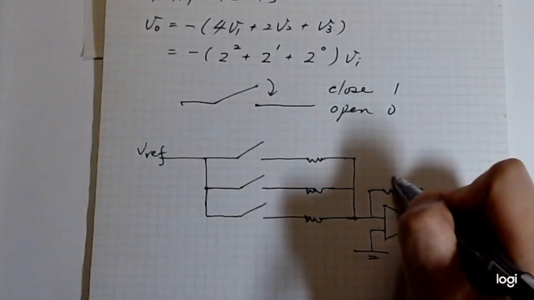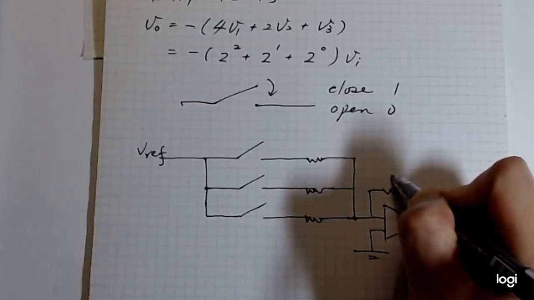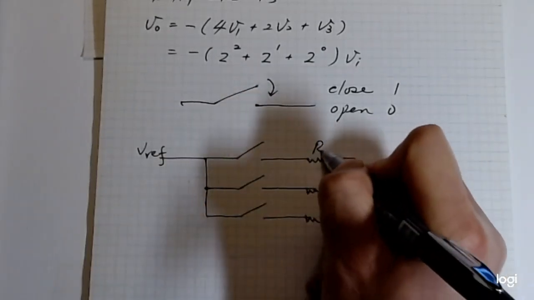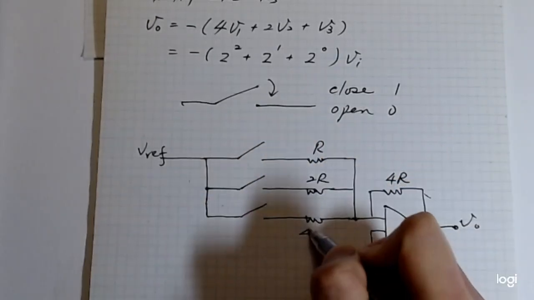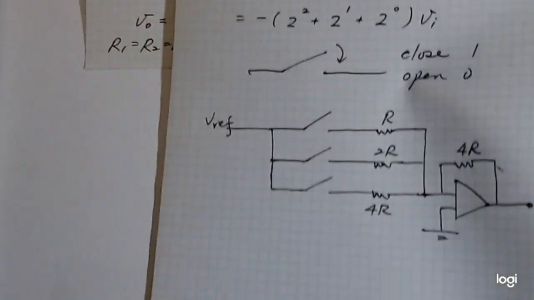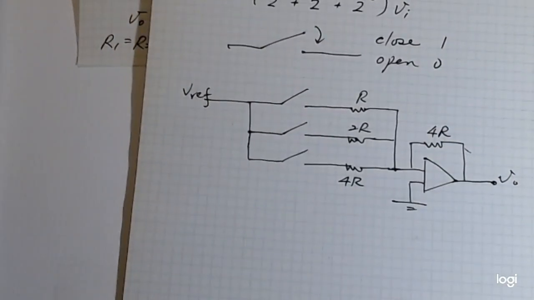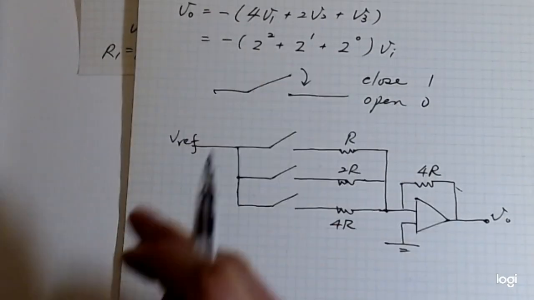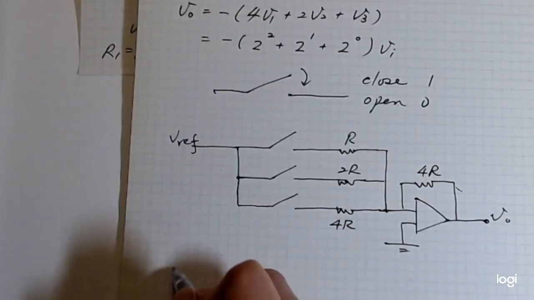So if I make 4R, this is R, this is 2R, this is 4R, on off. In other words, through the control, I can make this on or off. I can use this one as a control.